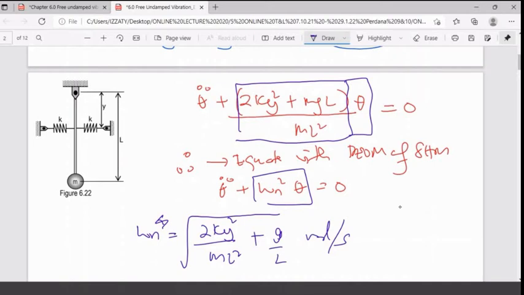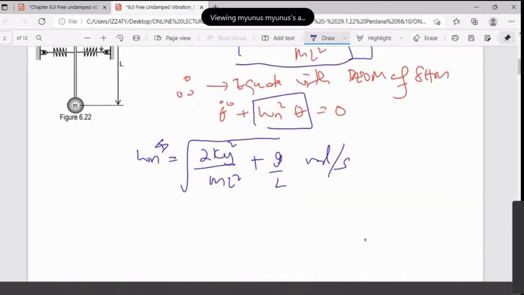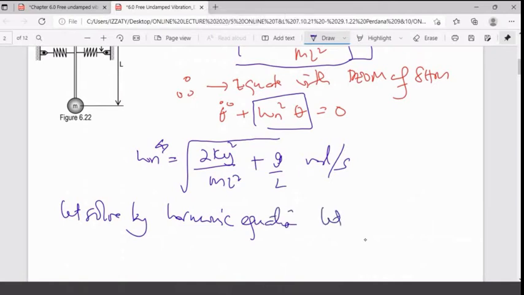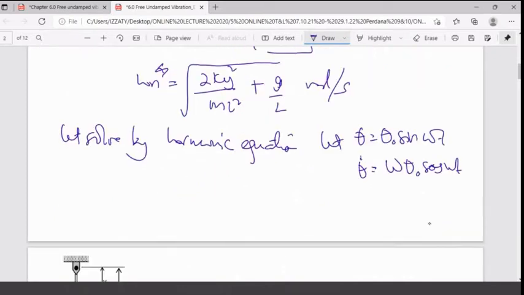So if you want to do this, for example, you can also apply another method. Remember, let's solve by harmonic equation, saying that, okay, let theta equal to theta naught sine omega t, and you have theta dot is equal to omega theta naught cos omega t, and we have another one, theta double dot, negative omega square theta naught sine omega t.